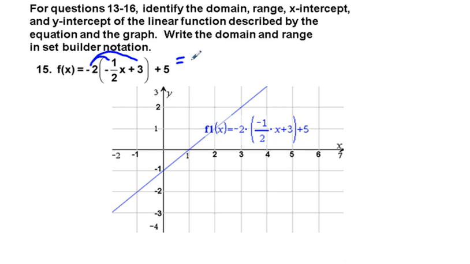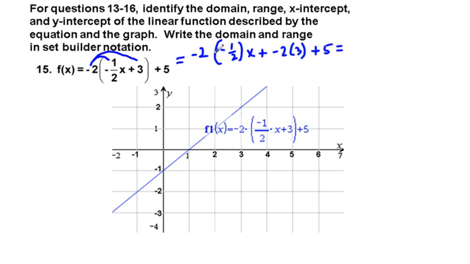And we have negative 2 times negative 1/2 x, and then plus negative 2 times 3, distributing that negative 2 to this 3, and the outside plus 5.